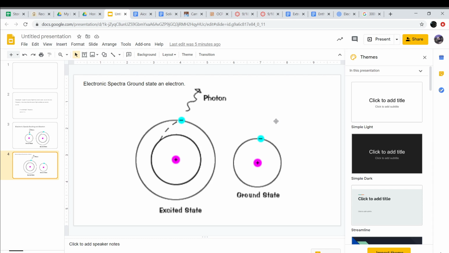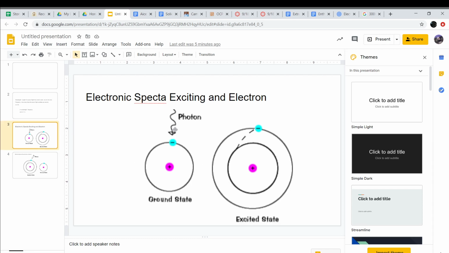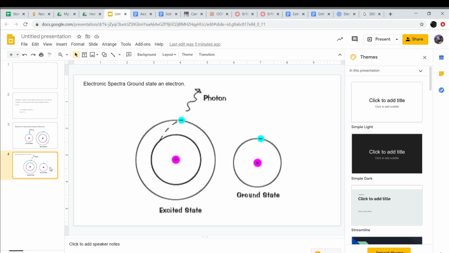So this process where energy is going in and light is coming out is something that you're seeing right now on your computer screens. It happens on your TV, and it happens every time that you see any different kinds of colors. It's just happening so quick and so fast that you don't even notice it most of the time.